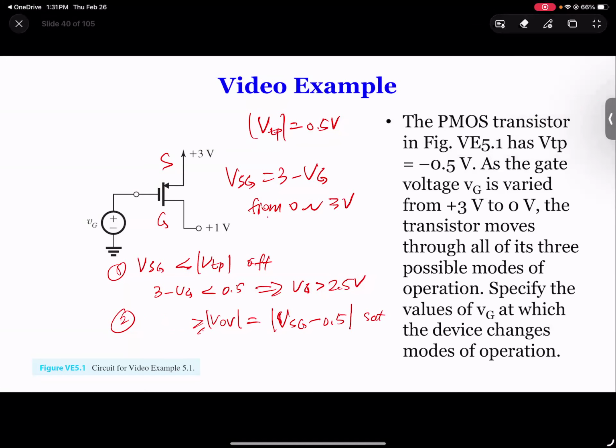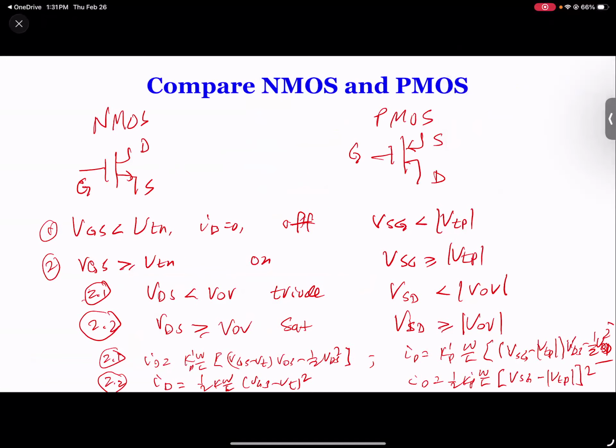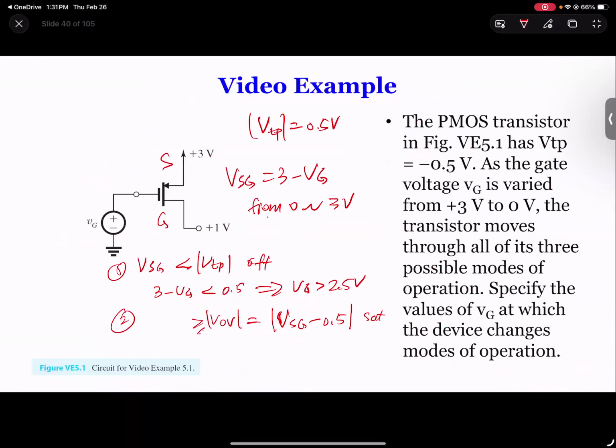Sorry about that. Okay. Yeah. So VSD. So using this equation, you can simply find out at what VSG range your transistor will be either in saturation and cutoff.